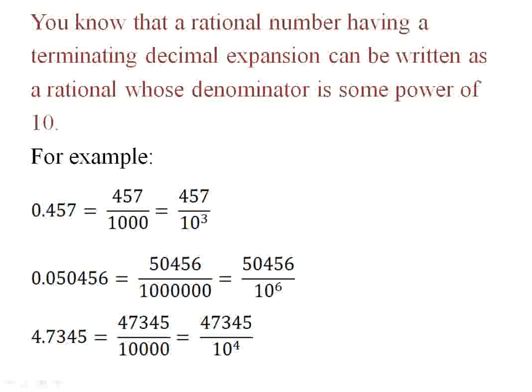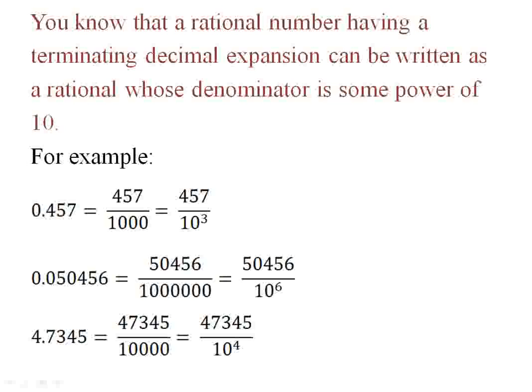You know that a rational number having a terminating decimal expansion can be written as a rational number whose denominator is some power of 10. For example, 0.457 is equal to 457 divided by 1000, which is equal to 457 divided by 10 cubed. 0.050456 is equal to 50,456 divided by 1 followed by 6 zeros, which is equal to 50,456 divided by 10 to the power of 6.